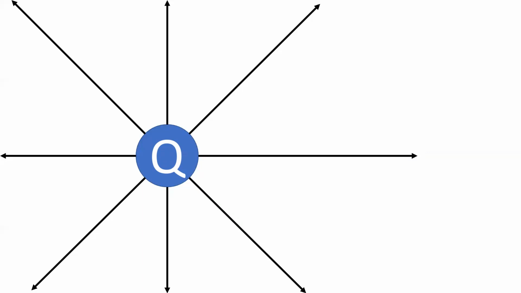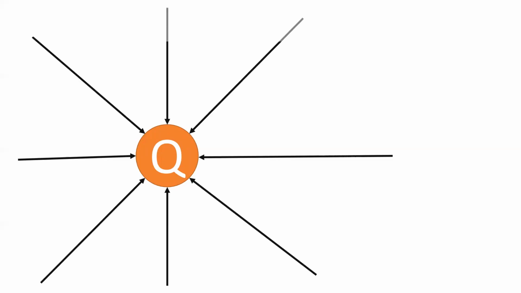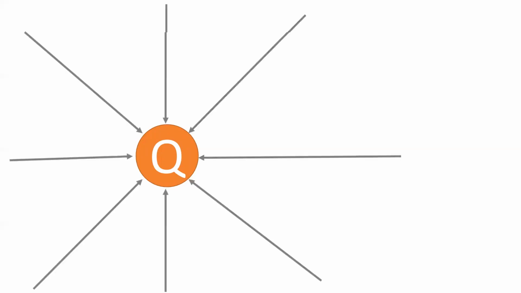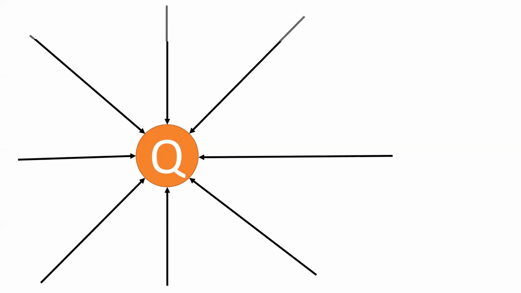So if Q is positive, then the electric field lines extend radially outward from the source. So in this case, Q here is positive. However, if Q is negative, then the electric field lines point radially inward toward the source. This is based on a convention involving positive test charges.